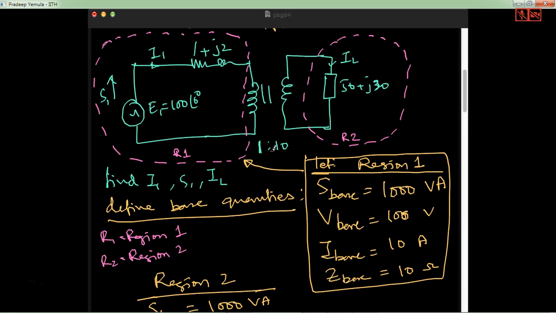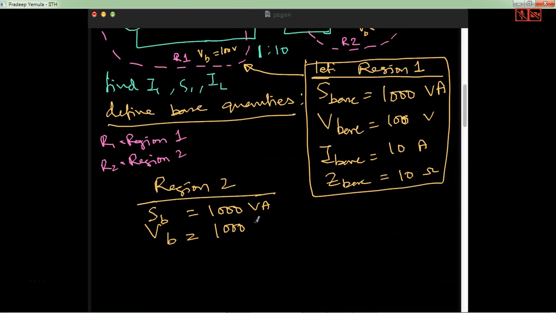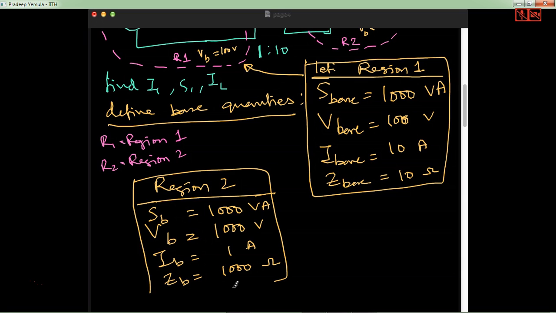Here V base was 100 volts, therefore here V base will be 1000 volts because the ratio is 1 to 10. Therefore I base will be 1 ampere and Z base will be 1000 ohms, because V by I is 1000 ohms. Now these are the base systems for the regions.